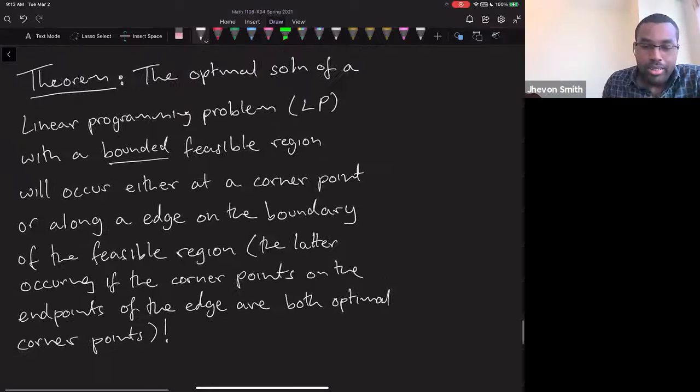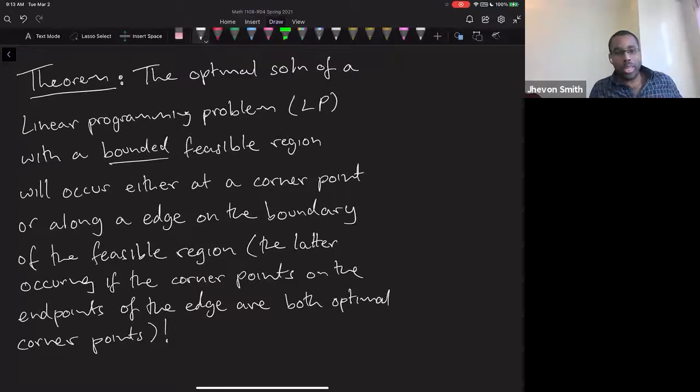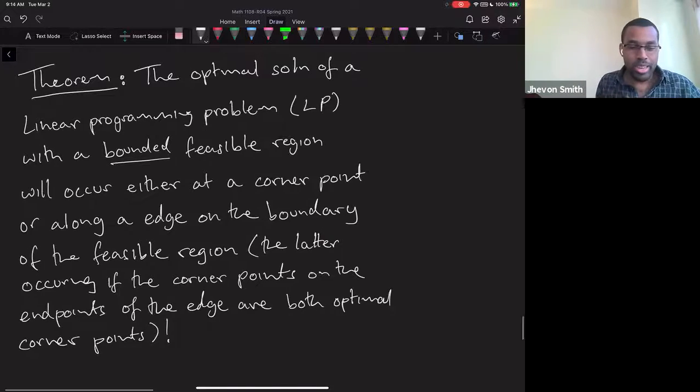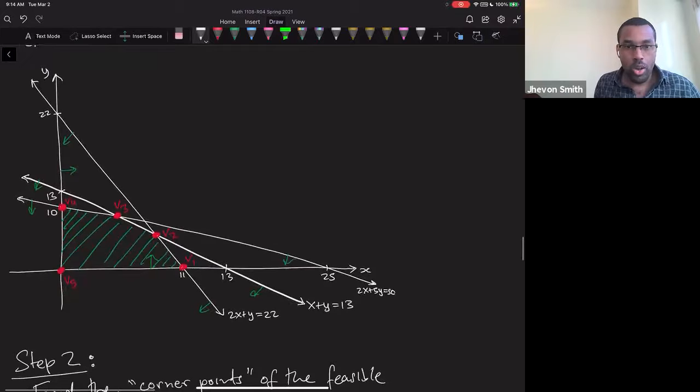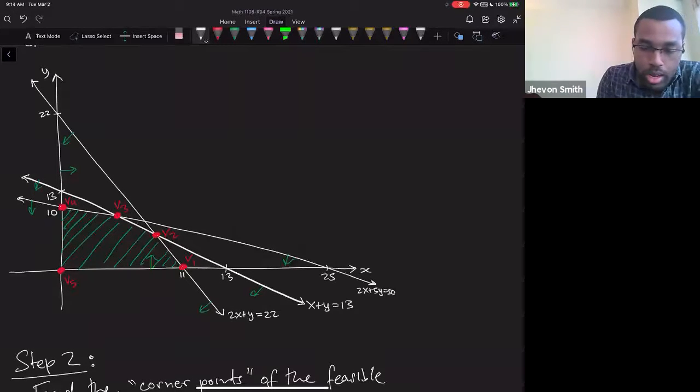And that's very interesting. Why did we need to find the corner points? It turns out that's where the answer is going to be. The answer is either going to be at one of these vertices, or it's going to be on an edge along the vertices. So for example, my answer could actually be, well, V3 is going to be the optimal solution.